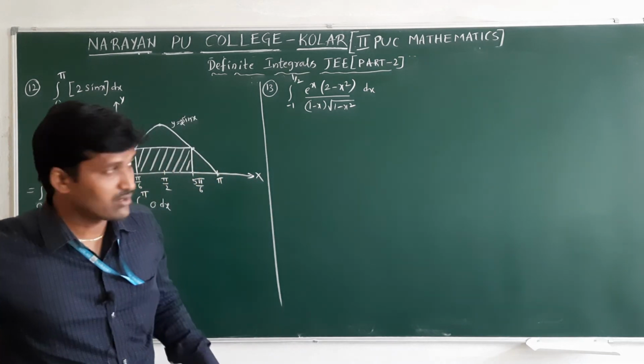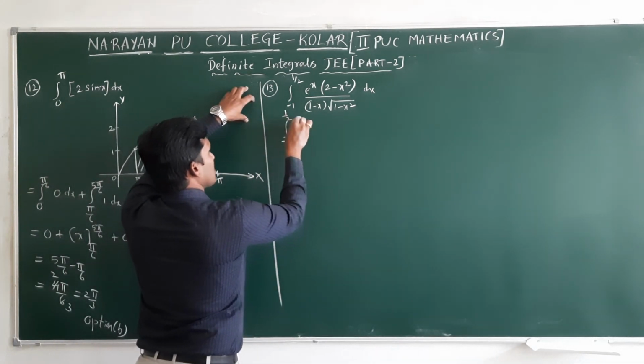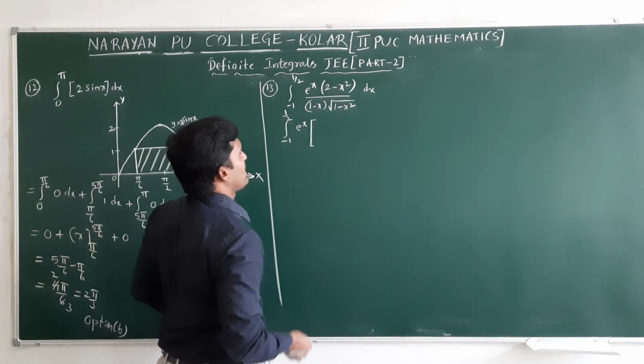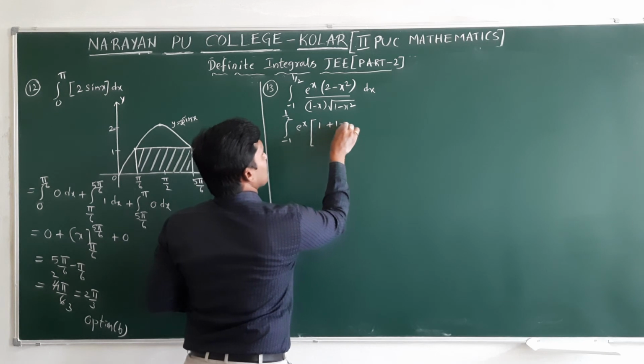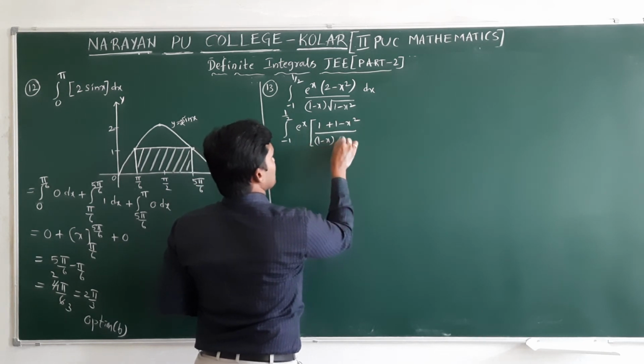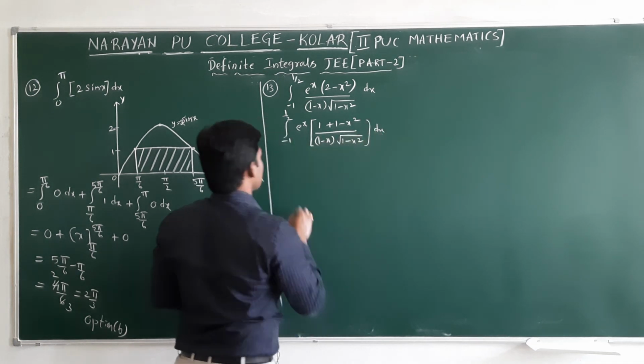So we need to find the value. See, this 2 minus x square I can write as 1 plus (1 minus x square), over (1 minus x) into root of 1 minus x square, into dx.